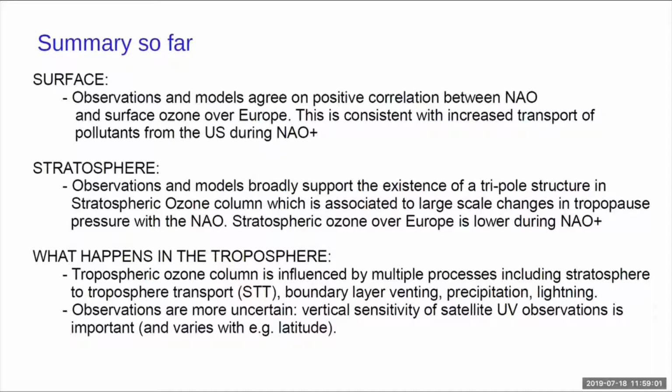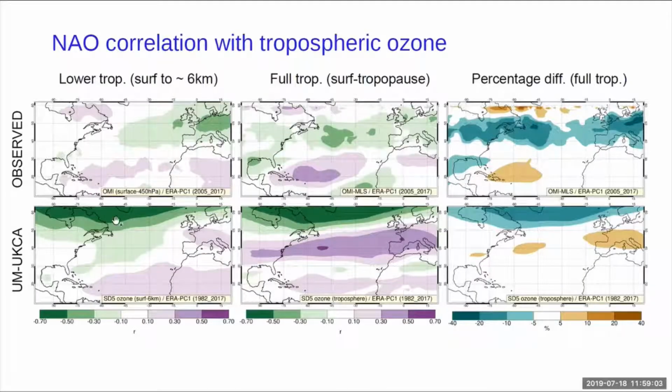So what happens then? Again, the top row here shows observations. For the troposphere, we have two different observations. The OMI shows the surface to 6 kilometers, the lower troposphere, and the OMI minus MLS shows the full tropospheric column.